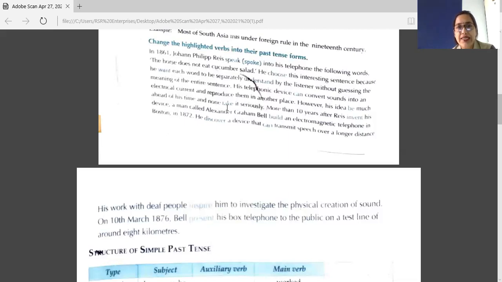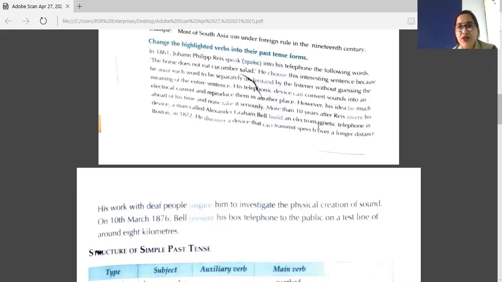None took it seriously. More than 10 years after, invent is given there. Past tense of invent is invented. His device, a man called Alexander Graham Bell, built. Past tense of build is built, B-U-I-L-T.